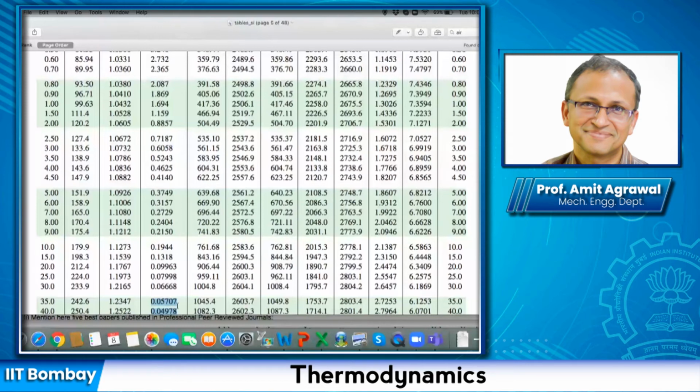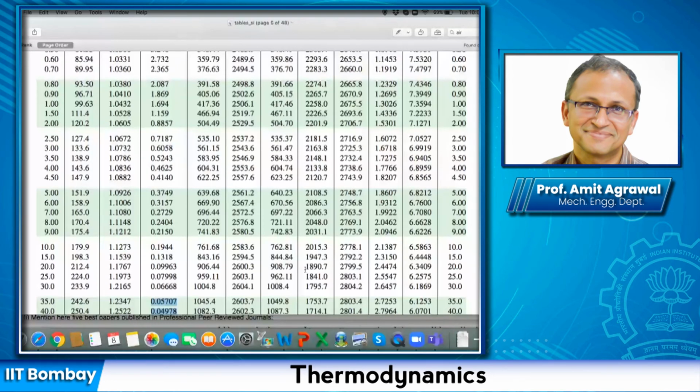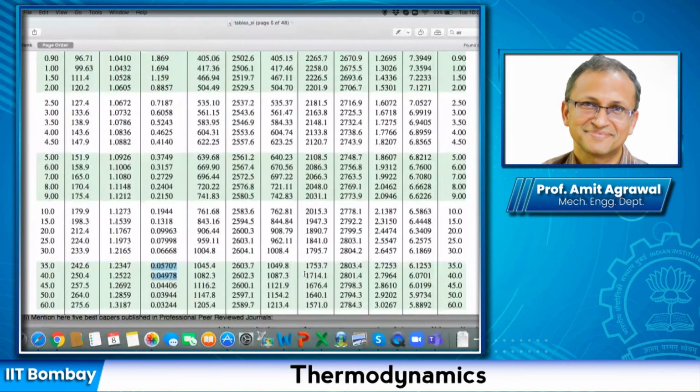So I'm going to now linearly interpolate between 35 and 40 bars, and I get my pressure, and I can also find my internal energy. Of course, for internal energy, I'm now going to look at only your UG at these two levels.